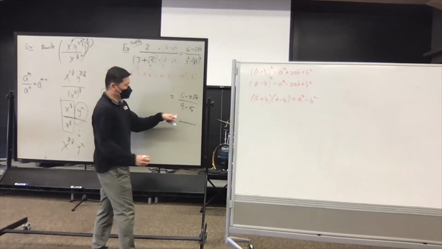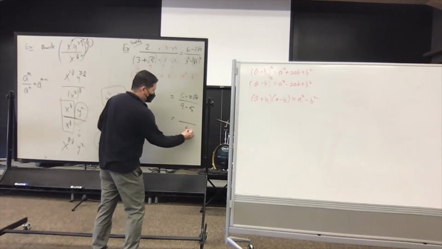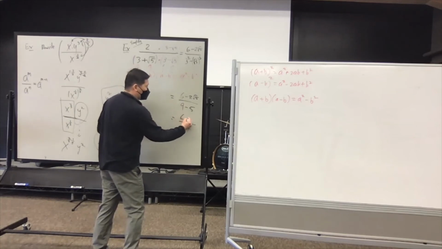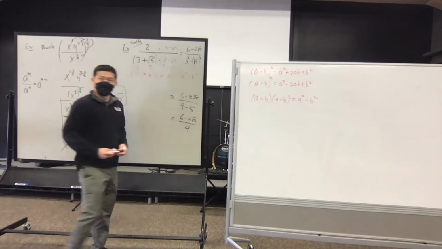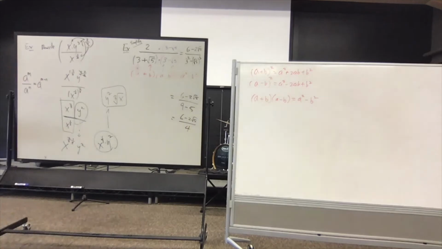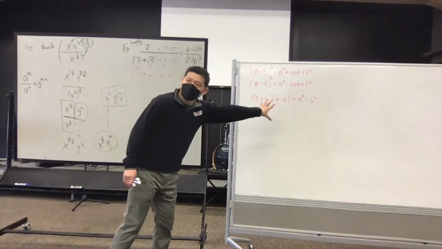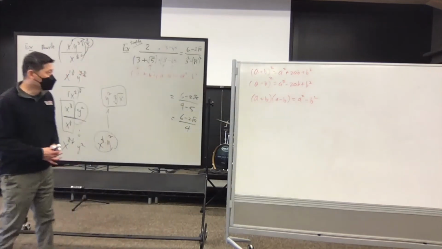So on the bottom, 9 minus 5 is 4. Top portion is 6 minus 2 square root of 5. I'm almost there. This is looking pretty nice. No radical in the denominator. I didn't do anything to inflate the expression or deflate the expression. I utilized one of the tools in binomial, and I borrowed this one before and put it over here.